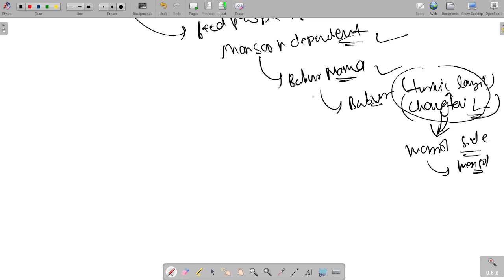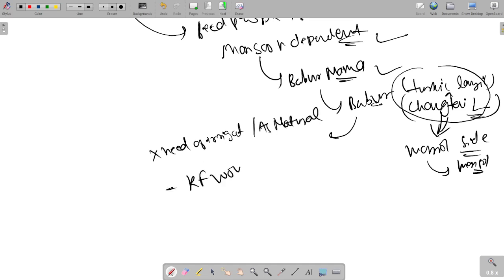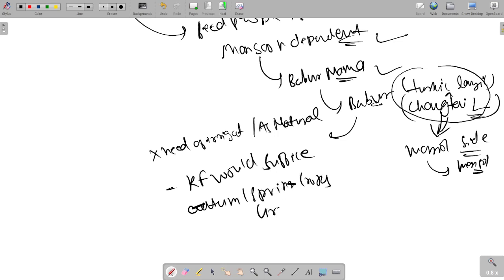Babur has also mentioned in the Baburnama that there is no need of irrigation as natural sources are abundant. Rainfall would suffice. Autumn and spring crops grow without rainfall.